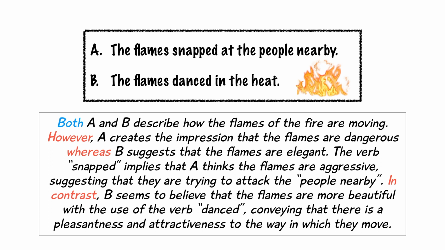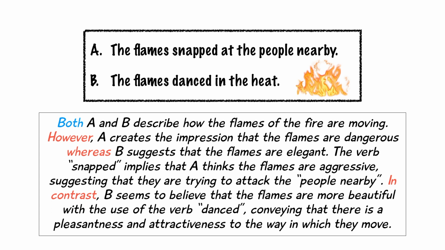So, we end up with both A and B describe how the flames of the fire are moving. However, A creates the impression that the flames are dangerous, whereas B suggests that the flames are elegant. The verb snapped implies that A thinks the flames are aggressive, suggesting that they are trying to attack the people nearby.